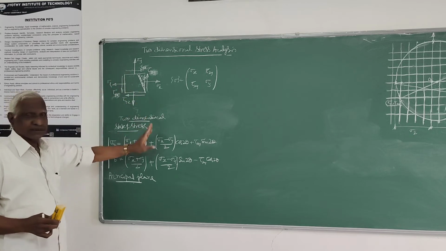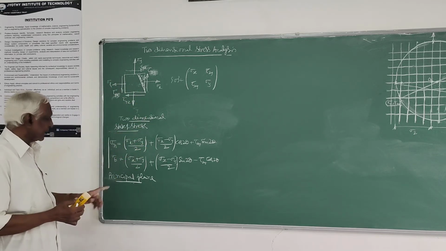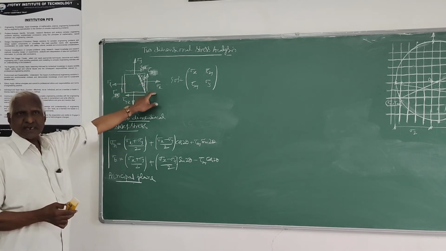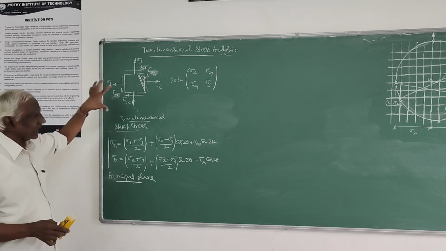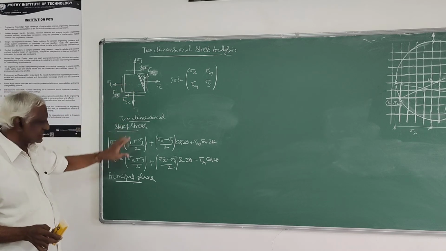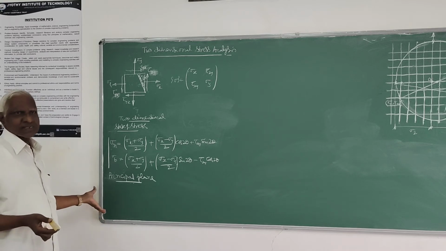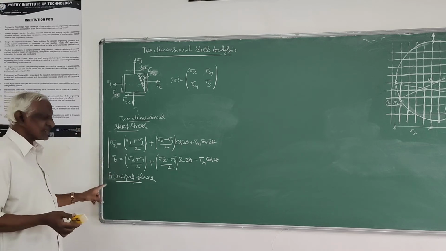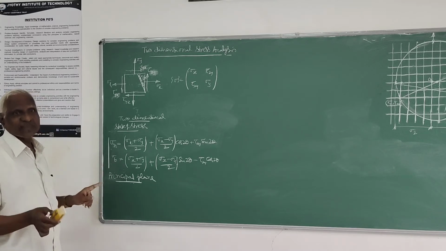Wherein the tangential stress will be zero, only normal stress will be active, because that is the critical state of stress or design state of stress. So for any two-dimensional stress analysis, we have to find out the maximum normal stress. That maximum normal stress is nothing but maximum principal stress. So that is the idea.